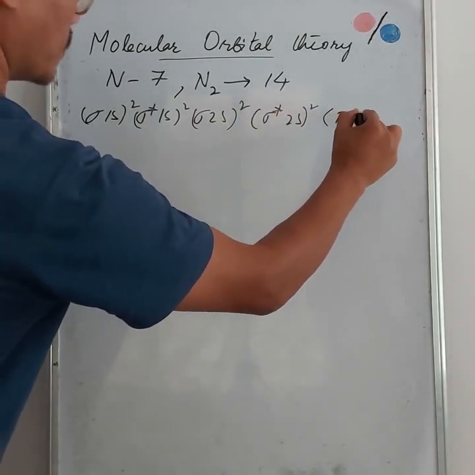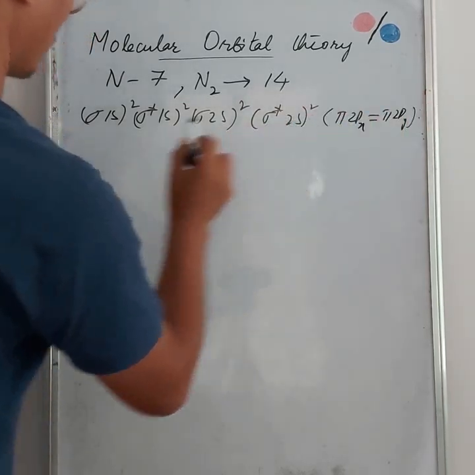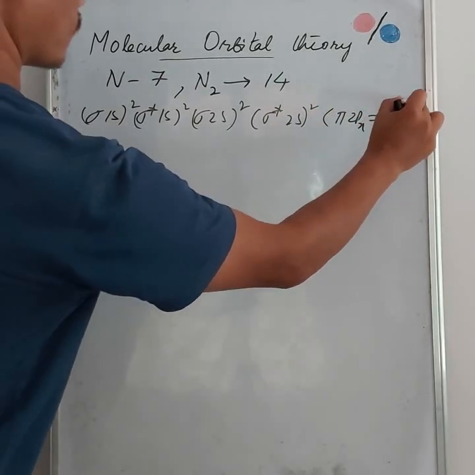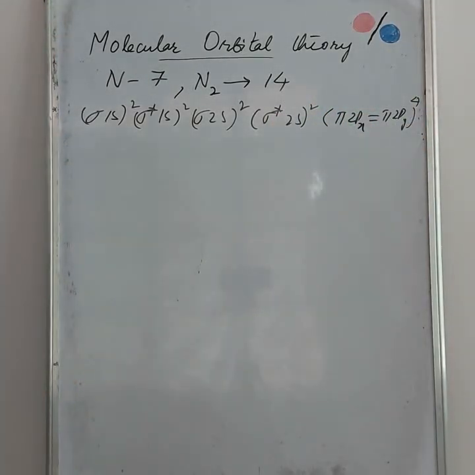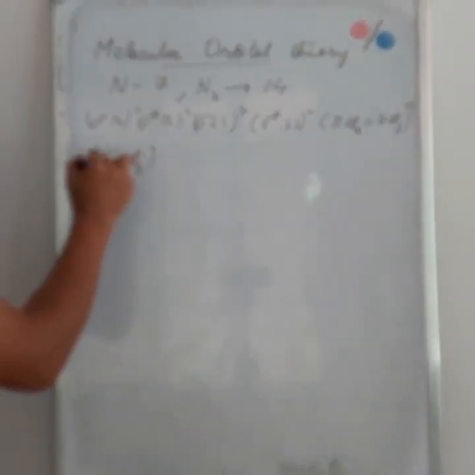Pi 2px, pi 2py, and we'll have 2, 4, 6, 8. It can have 2 to each, so 4 bonding, and then sigma 2pz 2.